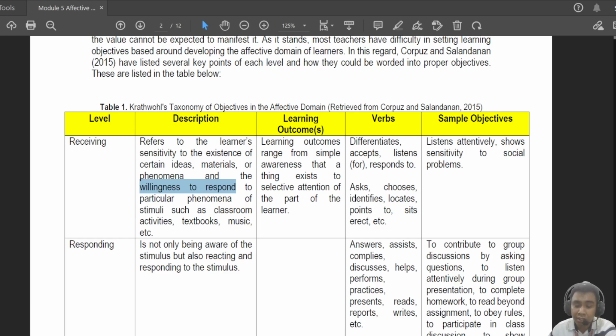The awareness of the existence of a certain idea and the willingness to respond. So your learning outcome here is simply awareness. It's the acknowledgement of the existence of one scenario, one value, or one topic.